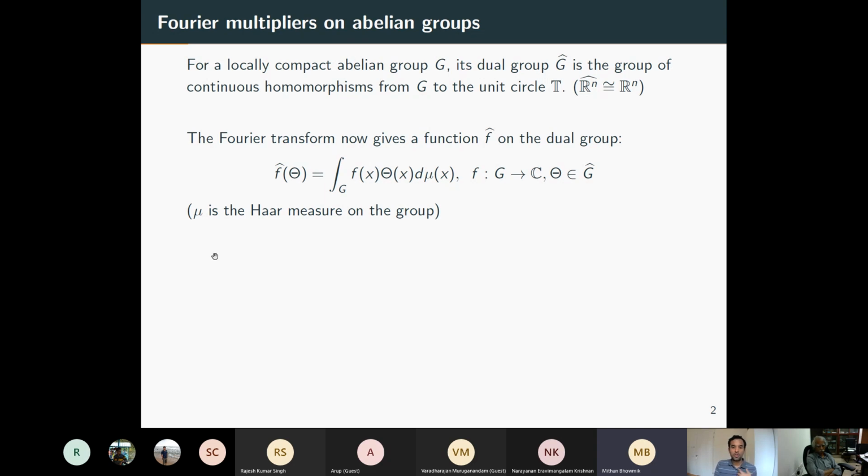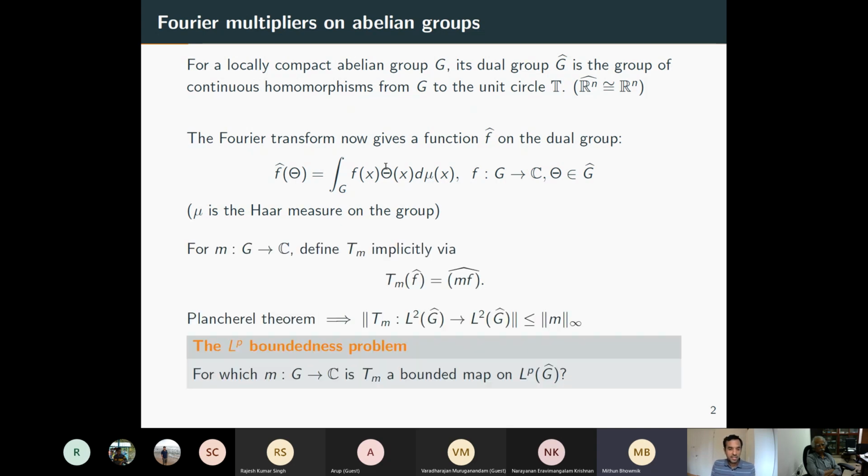So given a function on the group, you get a function on the dual group, and it's precisely this. And in the case of R, you get this back because the characters, the continuous homomorphisms to the circle, are precisely of the form e to the power ix something, where mu is the Haar measure.